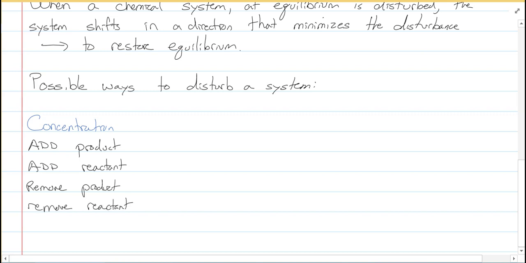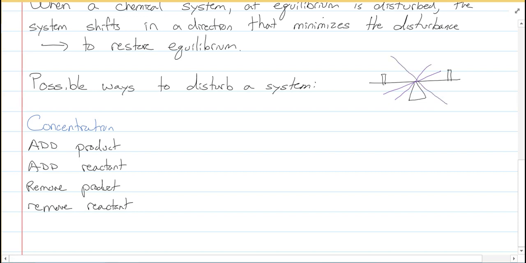So if I add product, what happens? Well, it's just like Q. You can think of Le Chatelier's principle as a teeter-totter, if you've ever done this. This teeter-totter has a position. It does not have to be horizontal, like a balance. It could be here, there, or there.